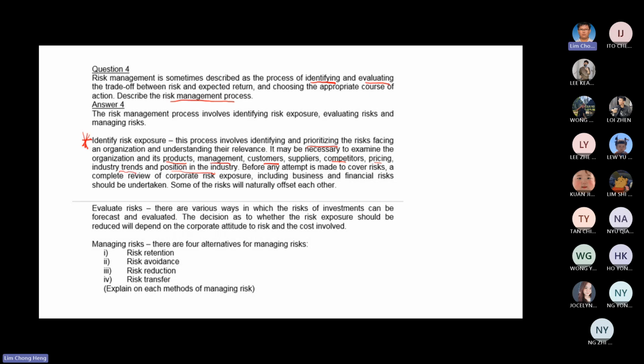So it's not that you already know what your risk is. Do you know what Nokia is? Nokia, the handphone. How many of you are still using Nokia? None of you.